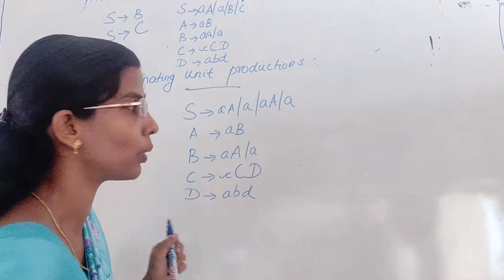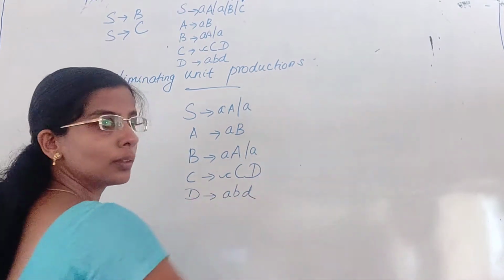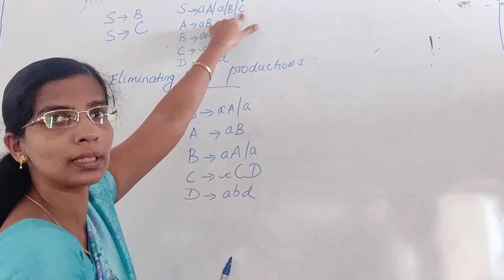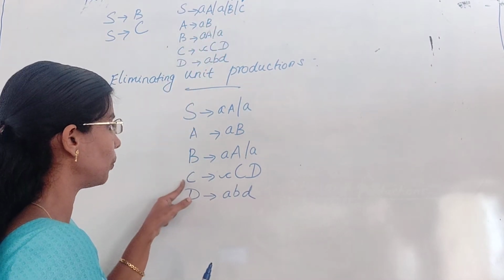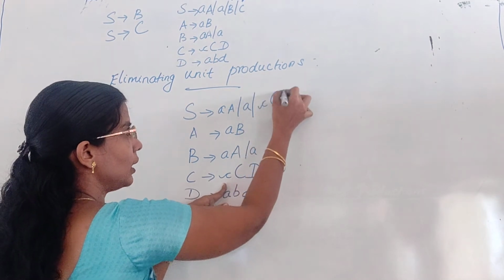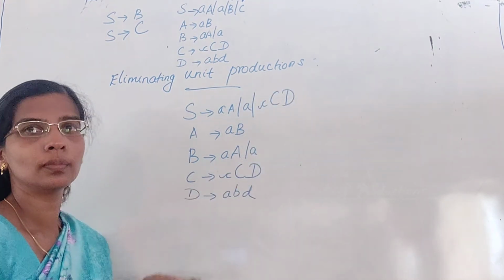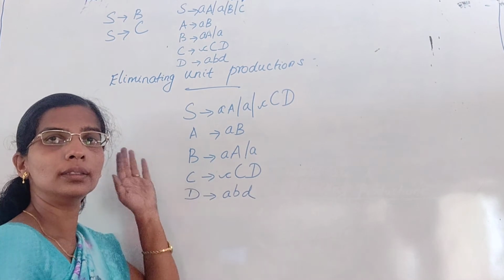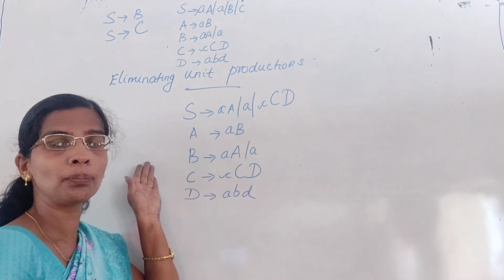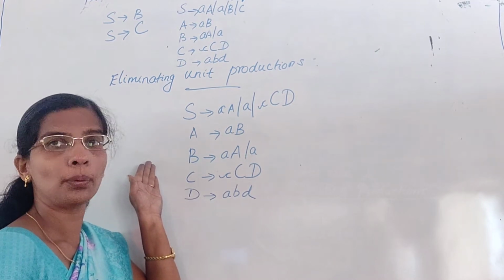It is enough to write it only once. Next, in the place of this capital C, write the corresponding production. What is it? Small c, capital C, D. This is the answer you are getting after eliminating your unit productions.